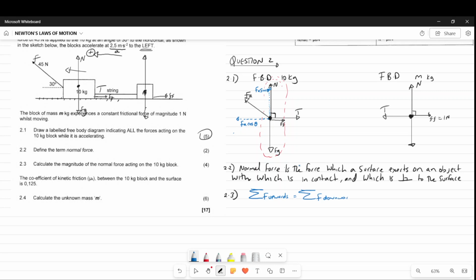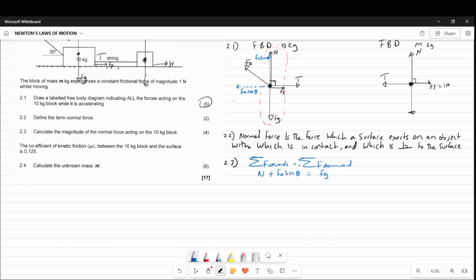Upwards there are 2 forces, and you're going to take all of them to be positive: normal force plus Fa sine theta, which will be equal to the force going downwards, Fg.